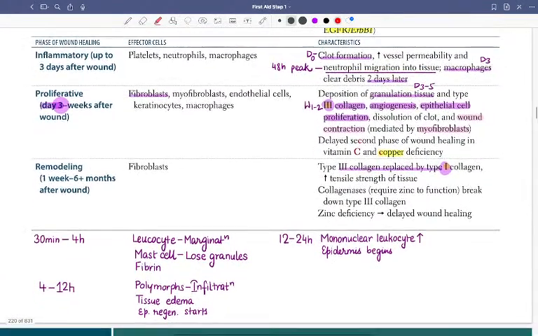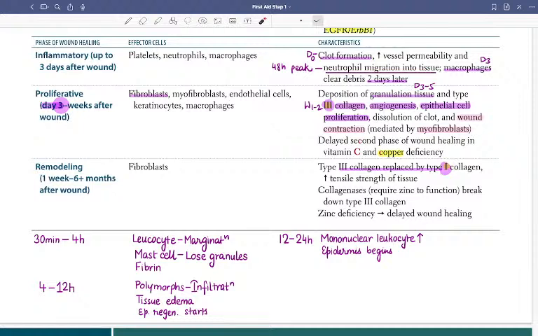Okay, next is wound healing and phases of wound healing. First, obviously, I'm reading this after a long time, so let's see. Inflammatory phase, 3 days: neutrophils, macrophages, and so on.